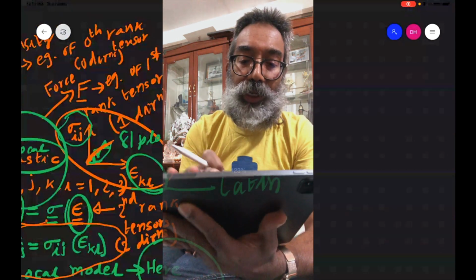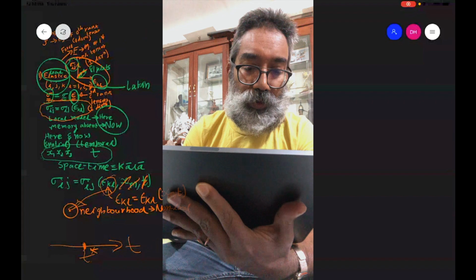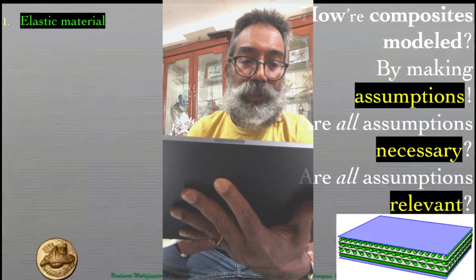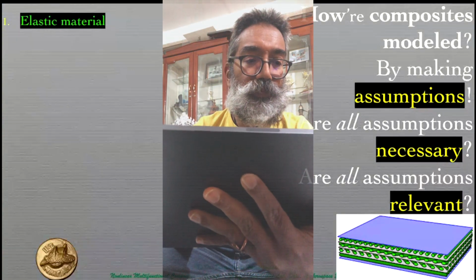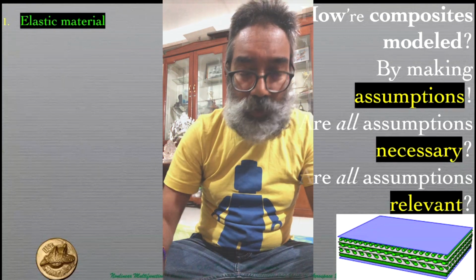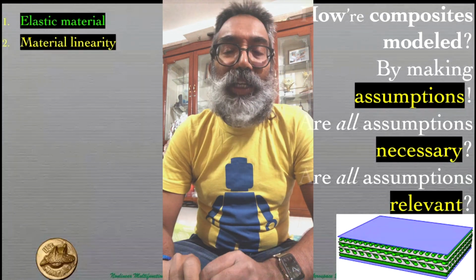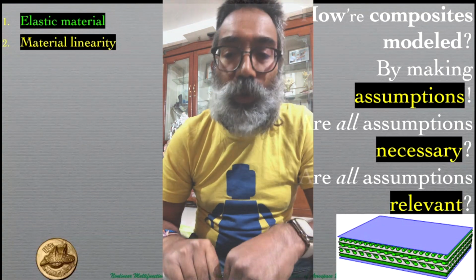Now we come to the second aspect that we want to deal with over here. The second assumption, that is material linearity. And again, I'm using a particular color code over here.